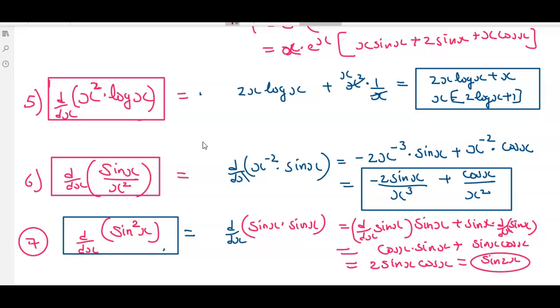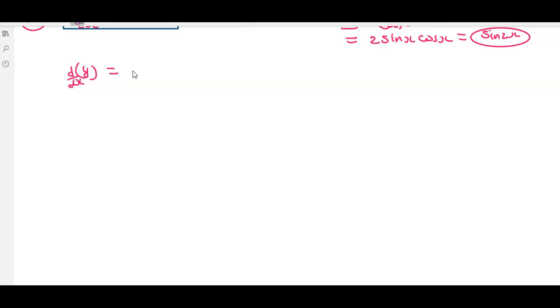So you have to see whether you have to apply this formula or not. Ideally I suggest you simplify whenever simplification is required. Now the derivative of y with respect to x, we simply write it as dy by dx.